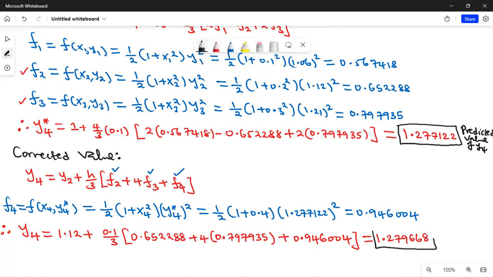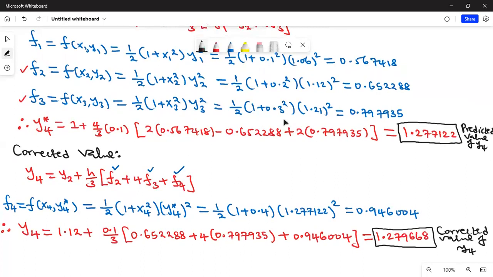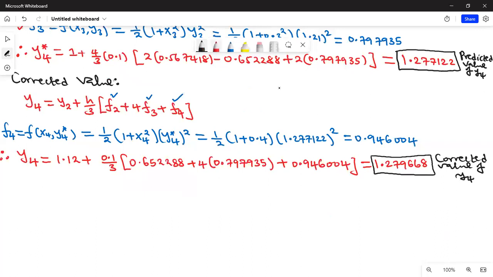And the corrected value will always give you the value that you wanted. So you can write corrected value of y4. That value we have found is the value of y when x is 0.4. So this is y of 0.4, which was missing from the table.